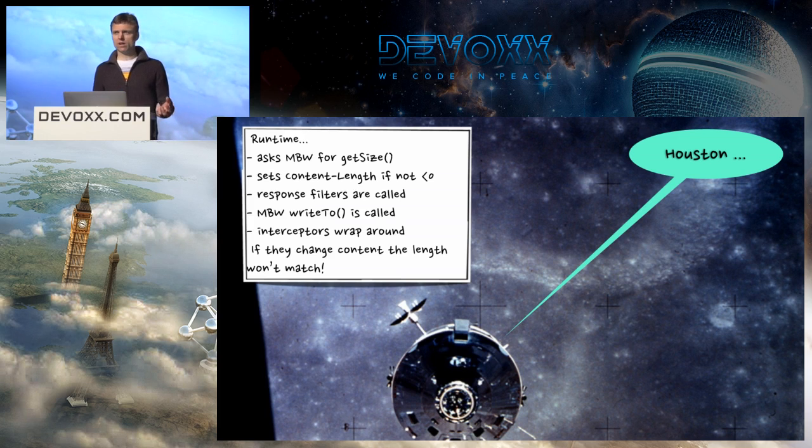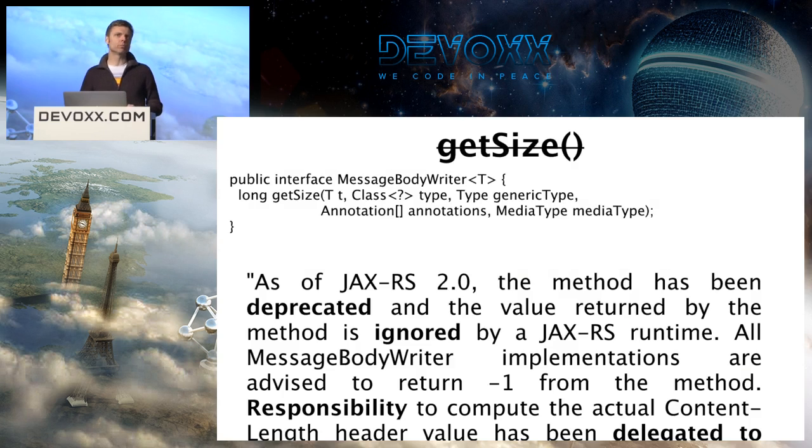And you cannot resolve that, because the message body writer doesn't know and has no way of knowing that the request is possibly going through an interceptor, especially not if you are maybe using a third-party library that you just hook into your runtime, and which you didn't author yourself. So there might be gzipping interceptors at work. You have message body writers that supply a content length, and there is no way to detect this problem.